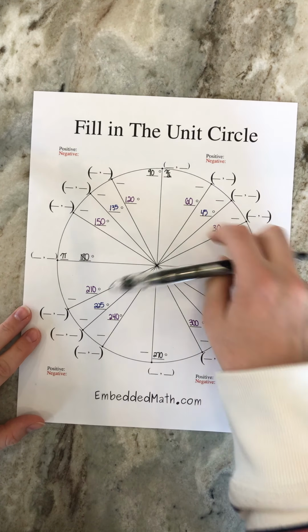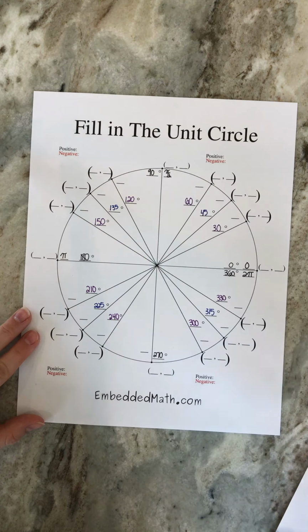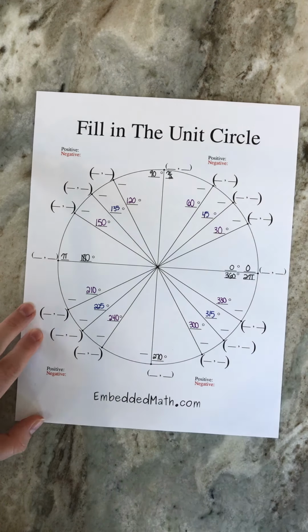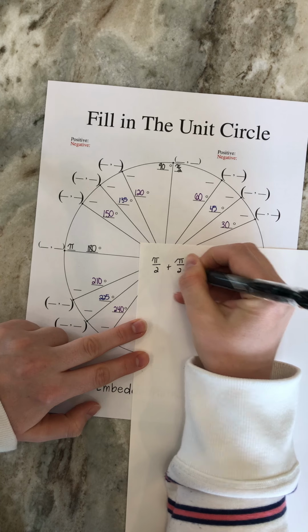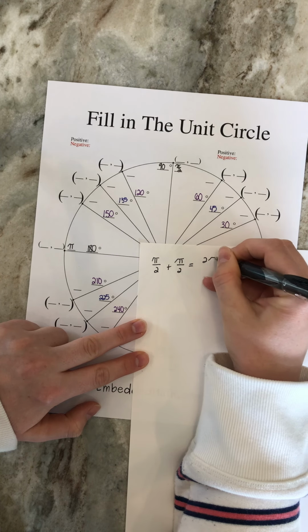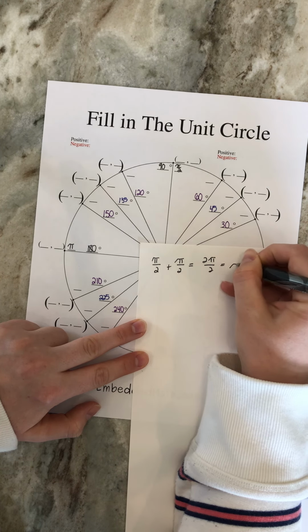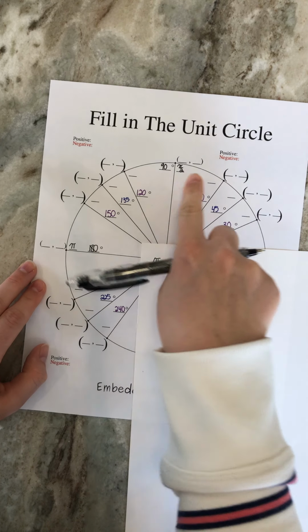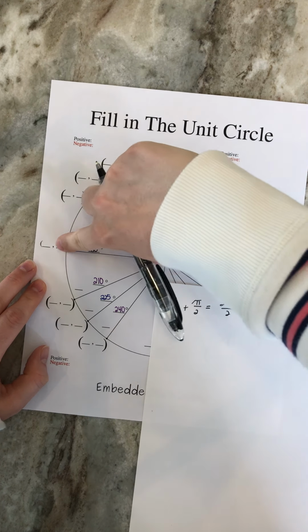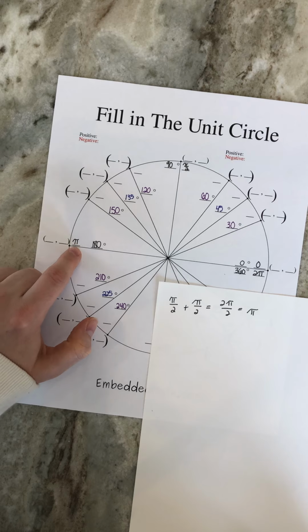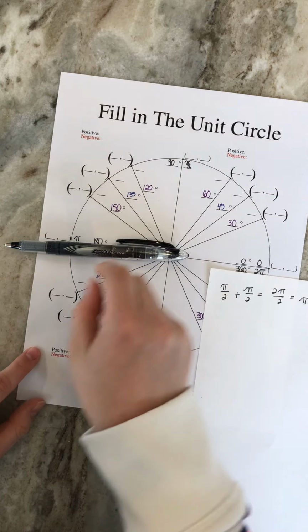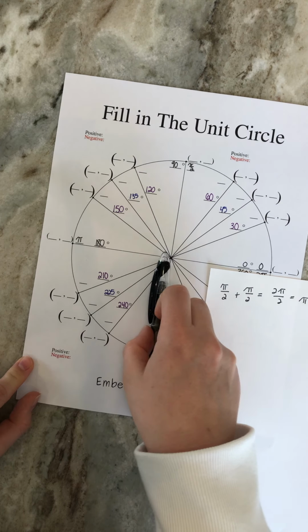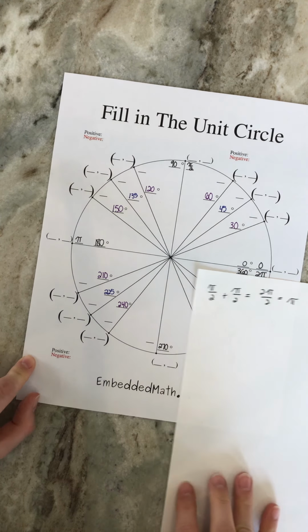If I took that measure there and I added another pi over 2, so pi over 2 and another pi over 2, that equals 2 pi over 2, or just pi radians. That's another 90-degree rotation there, brings us to pi. We already got that labeled. Let's do another 90-degree rotation. From here down to here, we're trying to figure out what our radian measure is.